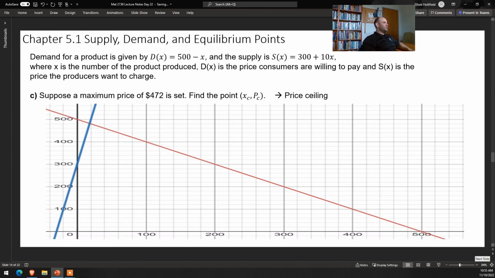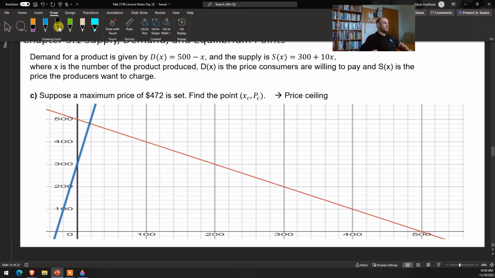Next, we're going to find the price ceiling. What we've done is set a maximum price of $472. So here, let's find 472. That would be somewhere right in here. Let's plug that back into our supply function.